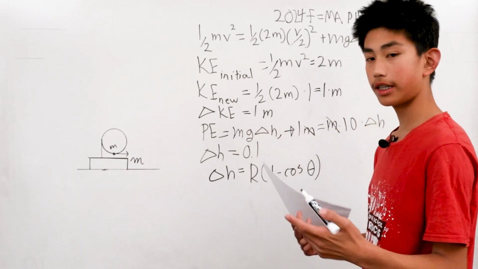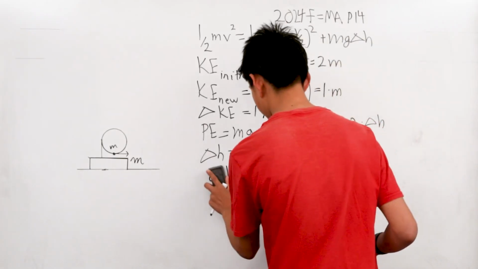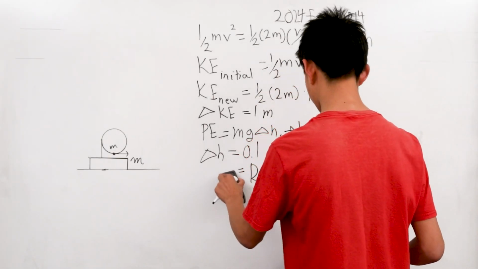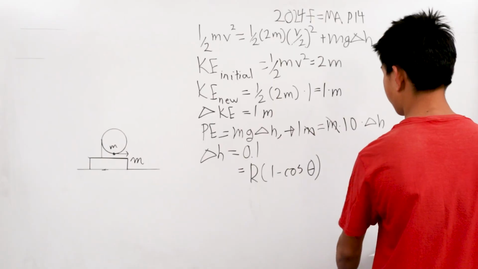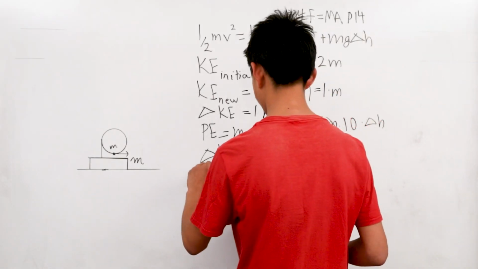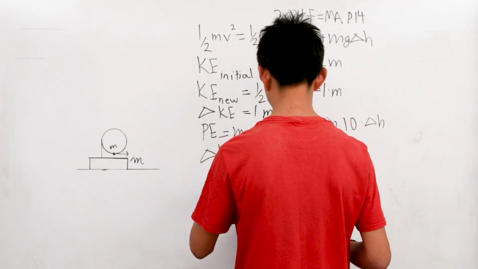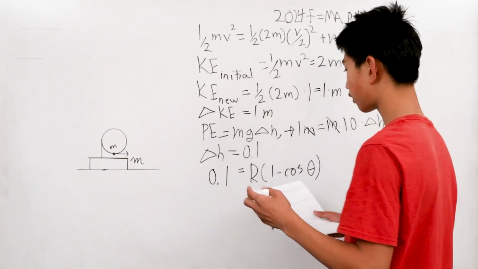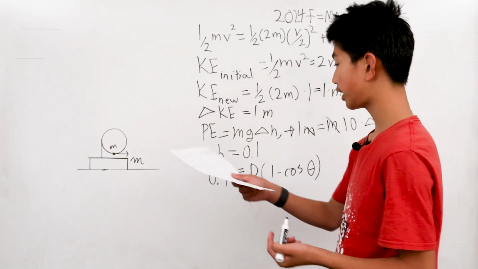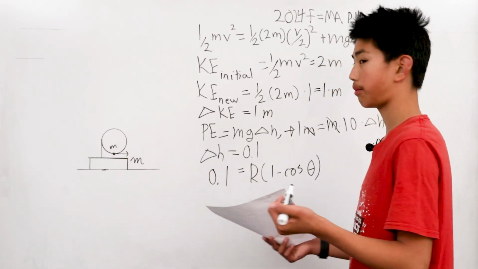Now we can plug in delta h as 0.1 meters. Now for r, you would say 20, right, because it's 20 centimeters.